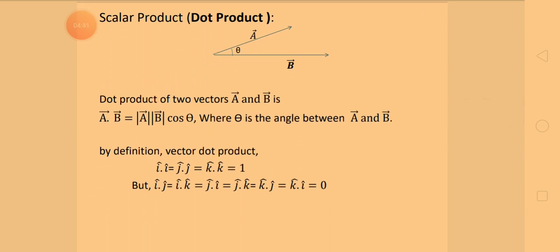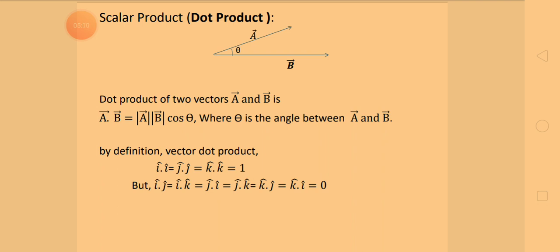The next concept is the scalar product or the dot product of two vectors. Let us consider two vectors, vector A and vector B, which make an angle theta, as shown in the slide. Then the scalar or dot product of the two vectors is defined as the product of the magnitudes of the two vectors and the cosine of the angle between them.